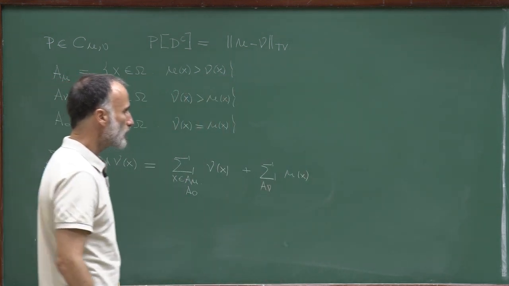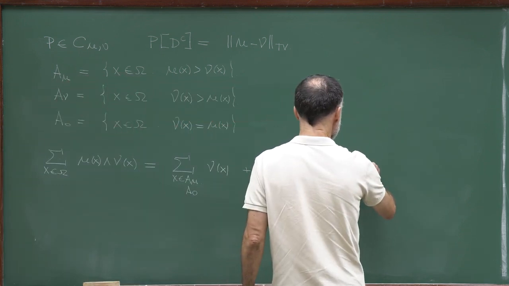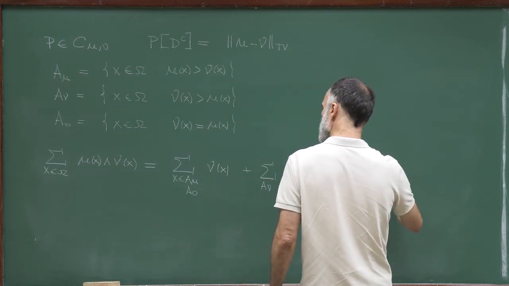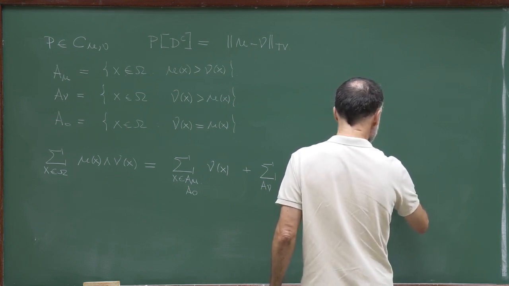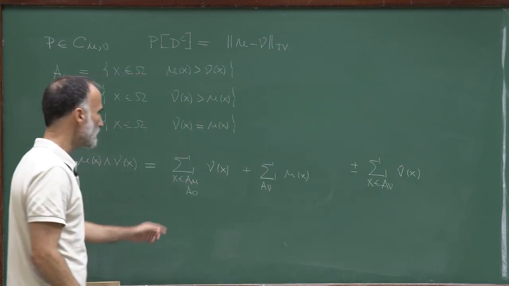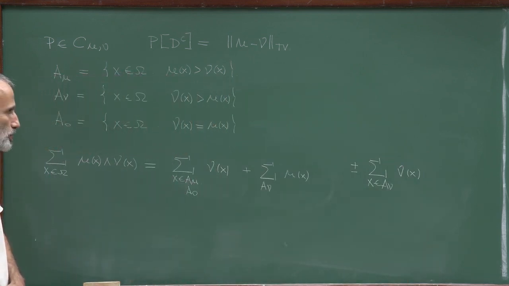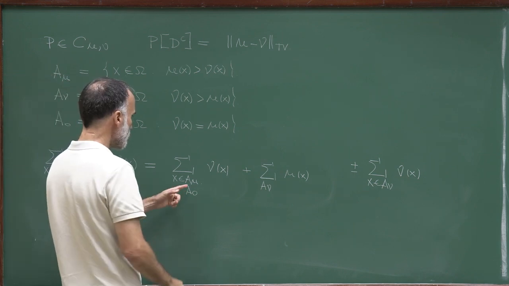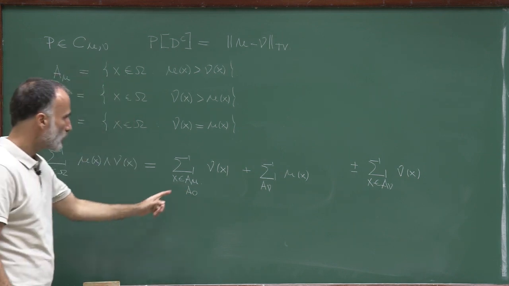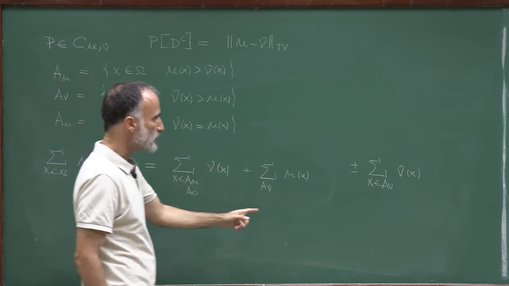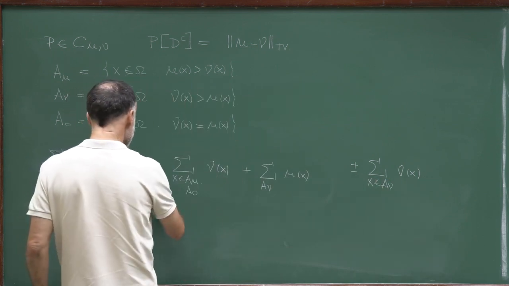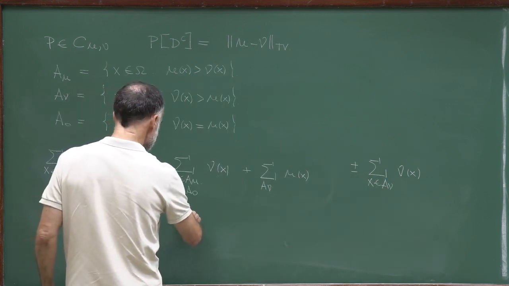So now let me sum and subtract the quantity that this is x in A nu of x. Let me sum and subtract this quantity, and you see that, since this is a partition of the set omega, once I sum in A mu, A0, and A nu, nu of x, what I get, since nu is a probability measure, is 1.